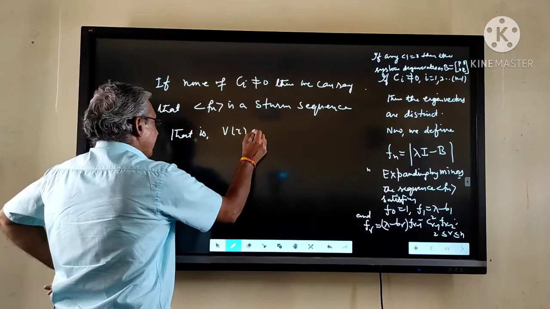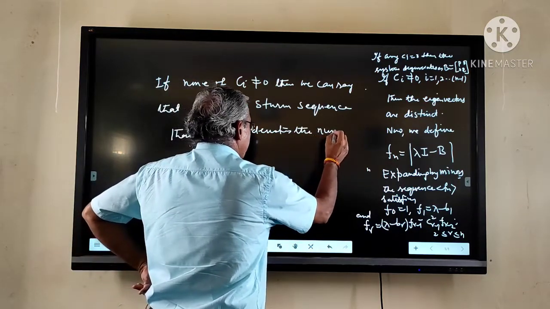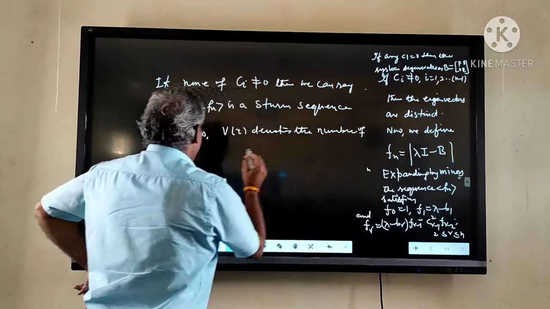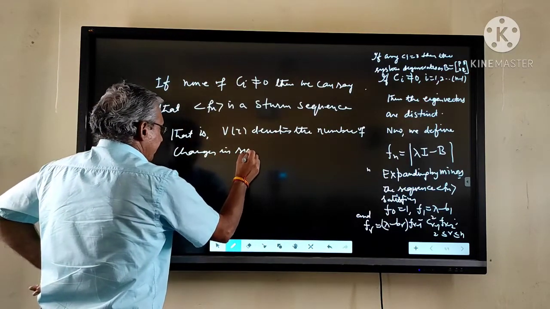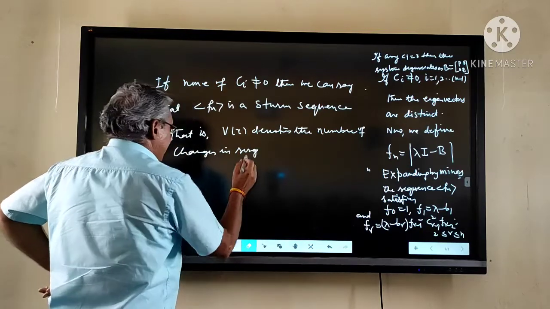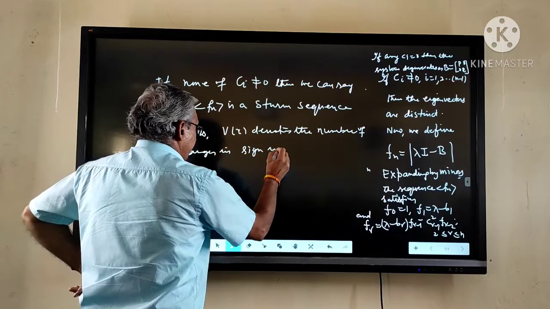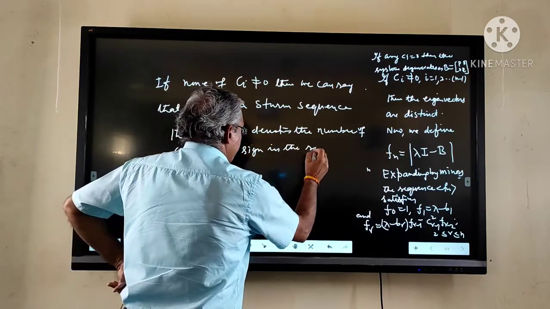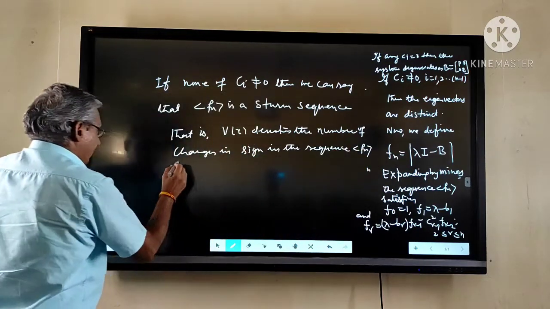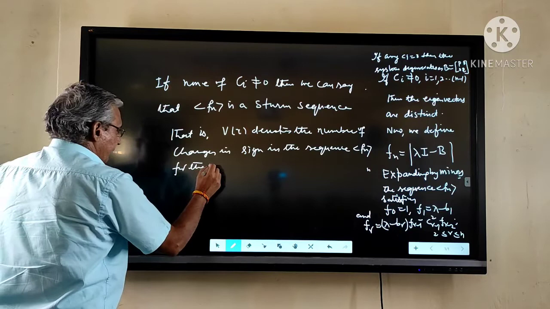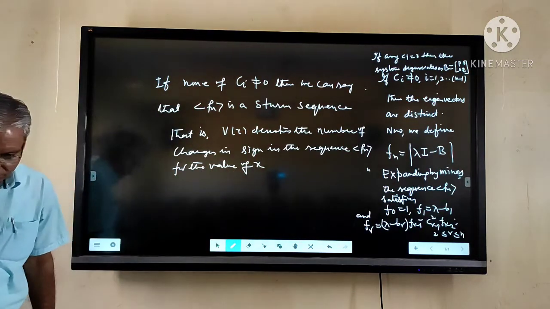Vx denotes the number of changes in sign in the sequence Fn for the value of x.